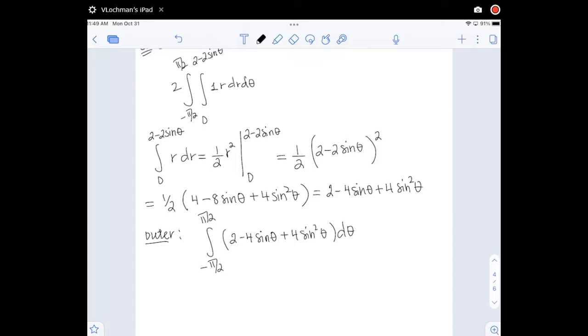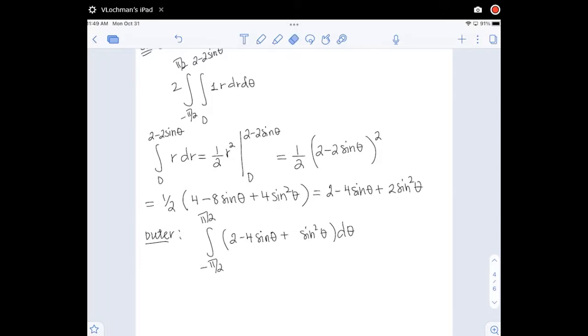Did I make a mistake? Oh, yeah, I think you're right. Wait, did I? After distributing the 1/2, it was 4, so it should be 2 over here, right? Right here.